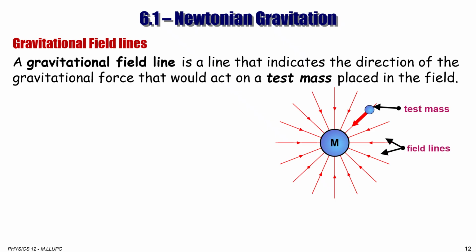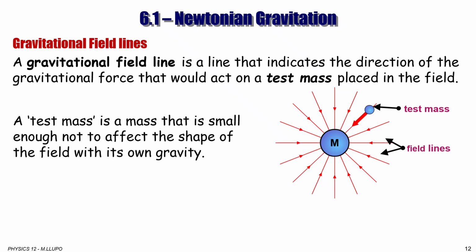A gravitational field line is a line that indicates the direction of the gravitational field that acts on a test mass placed in a field. The test mass is any mass that is very small, small enough that it is not going to affect the gravitational field of the big mass by its own field, by its own gravity.